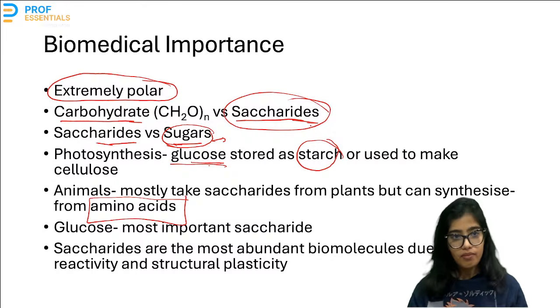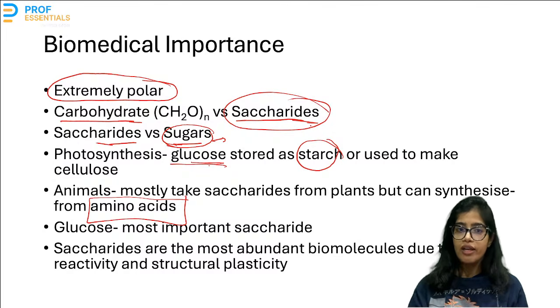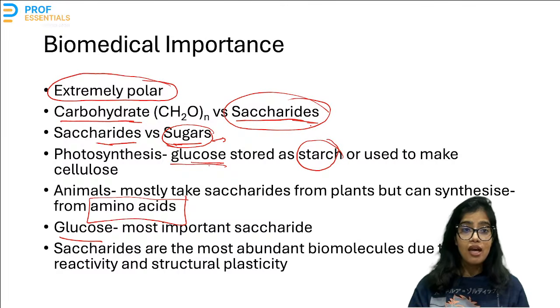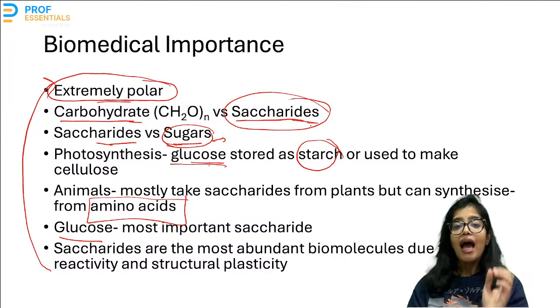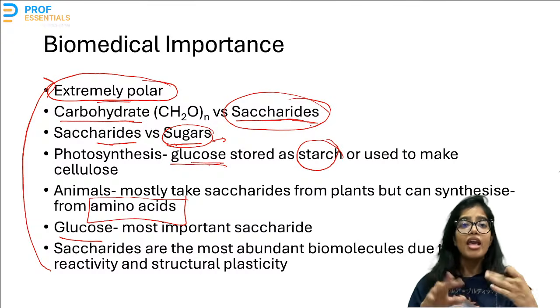Understood? Next, the most important saccharide is glucose. We have already read about glucose, and we are going to read a lot more. Now, saccharides are the most abundant biomolecules in nature because of their reactivity. Why? Because they are extremely polar, hence they are extremely reactive, and because of their structural plasticity, that is, the same saccharide can exist in various structures.